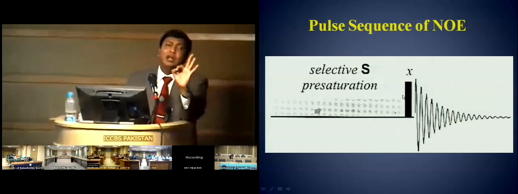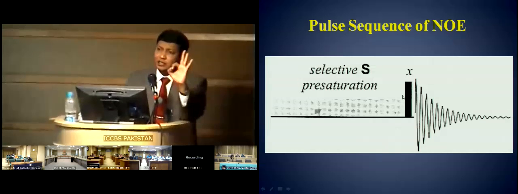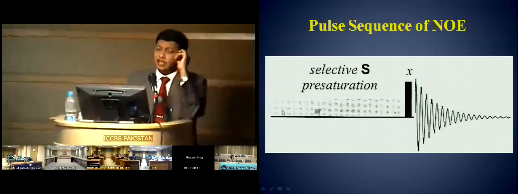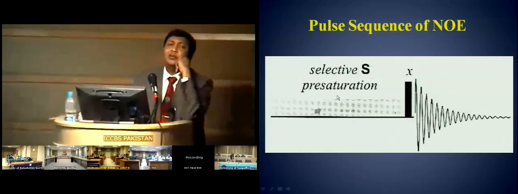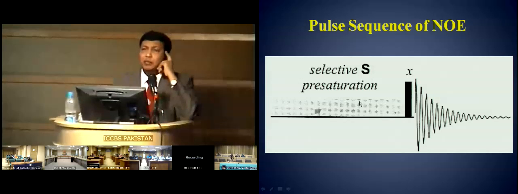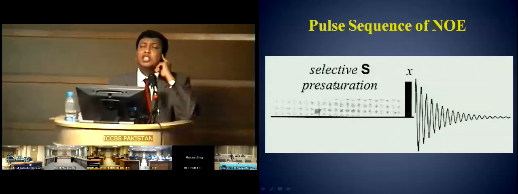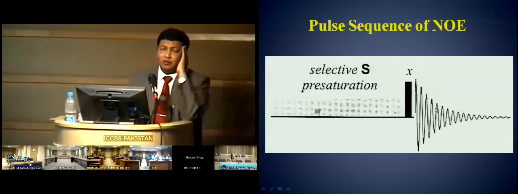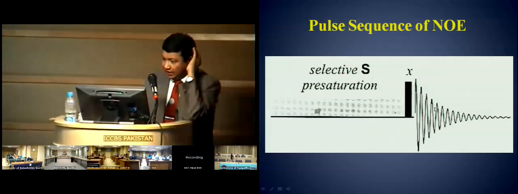One is a normal radio frequency pulse, and the other is a saturation on a proton which is close in space, which is not scalarly coupled but close enough in space to do something strange. Okay? And then you detect I. That is what the effect of S on I is.